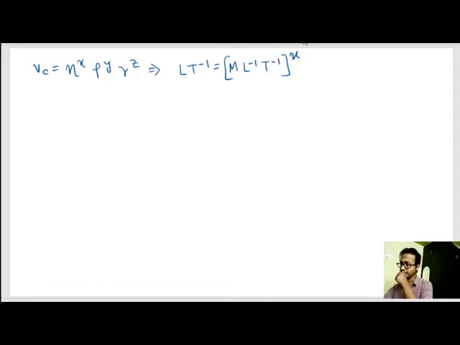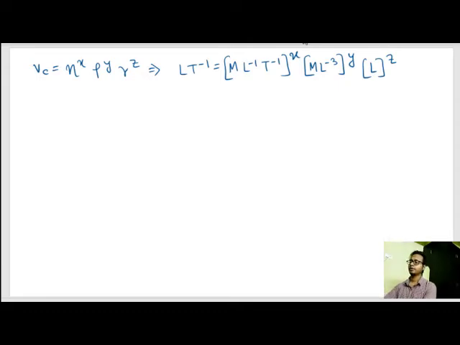Rho was density, or M L minus 3, so this is rho to the power y, and r is nothing but L to the power z.